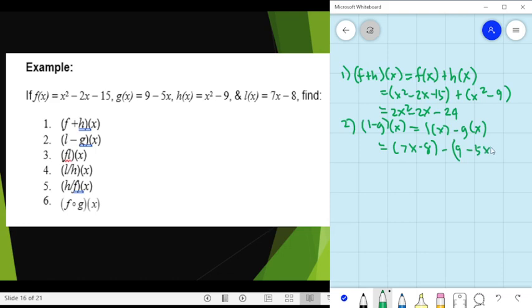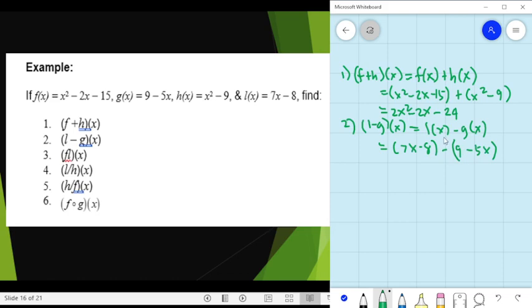And don't forget that we are going to enclose the subtrahend with parentheses. Because this is subtraction, if we are not going to enclose this one in parentheses, only the 9 will be subtracted from the minuend. So dapat silang duha para mo-change ang sign sa 9 and negative 5x.